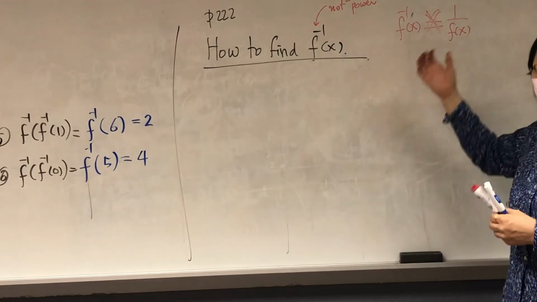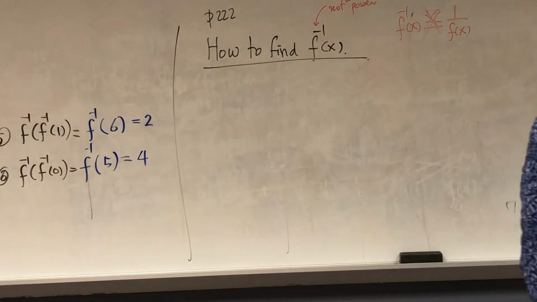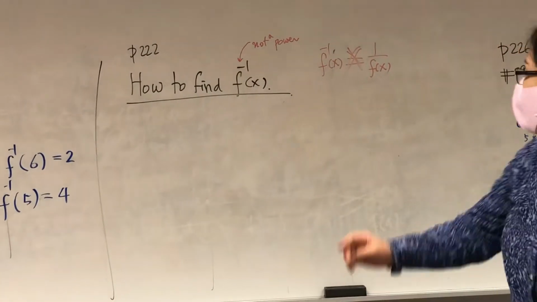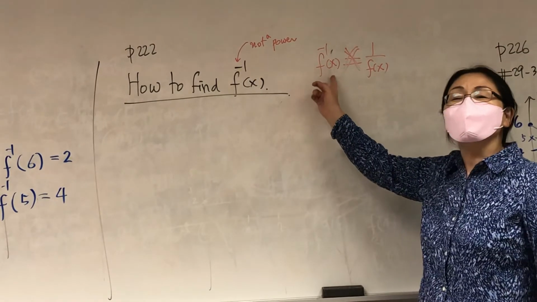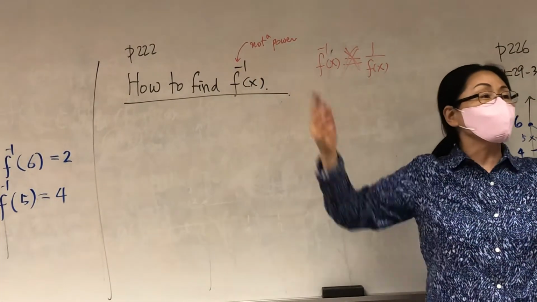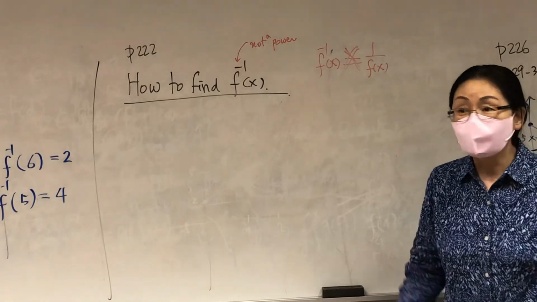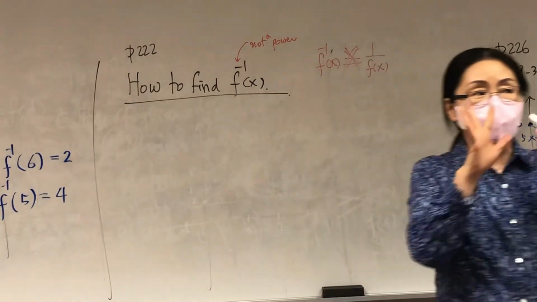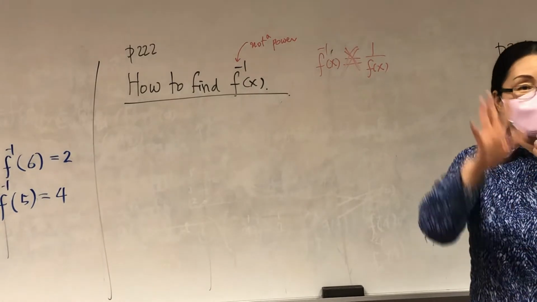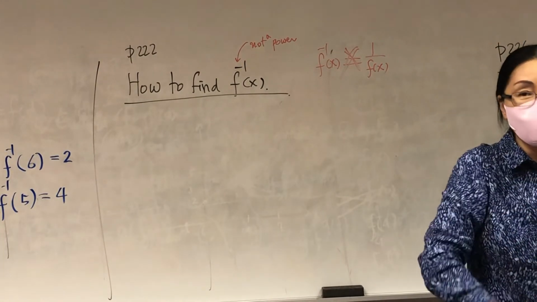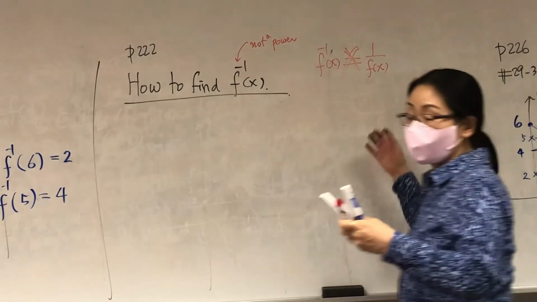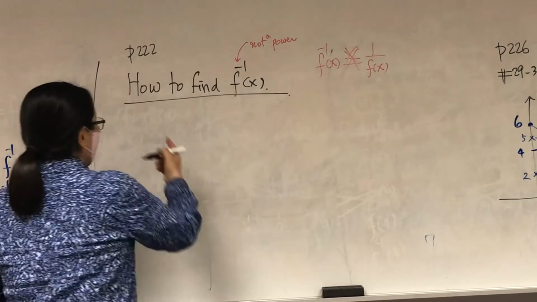F inverse x is just the name. Don't change it to a fraction. This is the name, not a power. Don't try to make it 1 over f. Totally demolish your old knowledge.